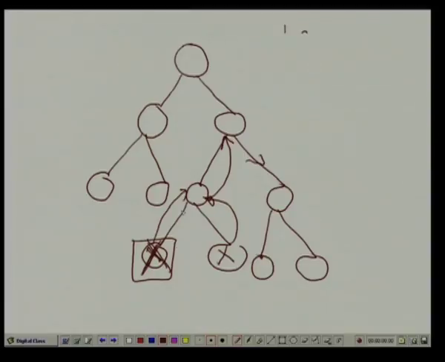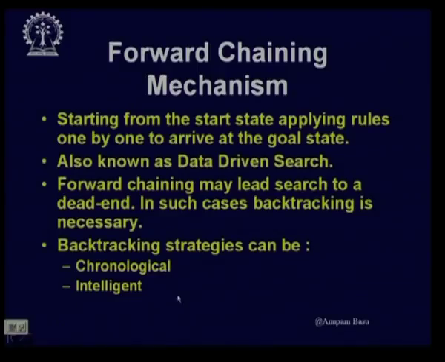If I can analyze the domain, then might be I can straightway go to a particular node which would have given me a better chance of reaching the goal. That sort of intelligence, if imparted in the search strategy, gives rise to intelligent backtracking. Otherwise, normally what we carry out is chronological backtracking.